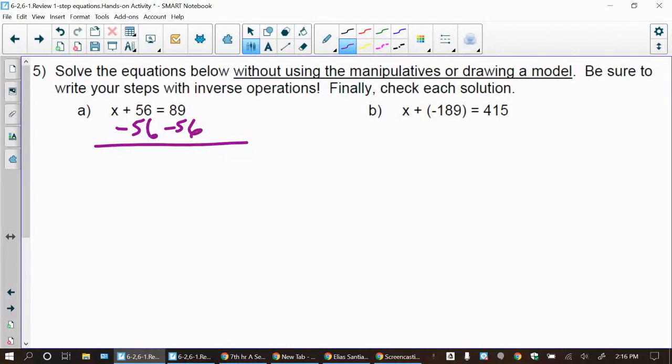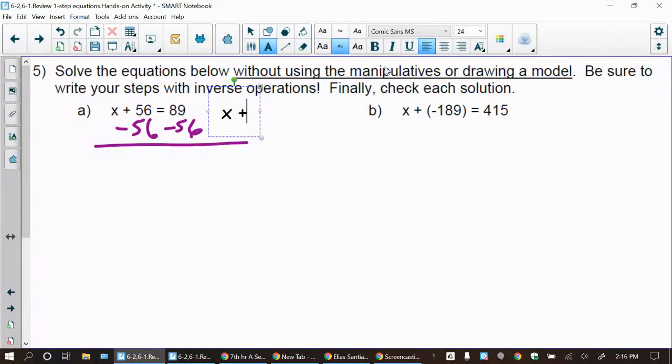Or you could write this the other way: x plus 56 but minus 56 equals 89 minus 56. That is the vertical way.